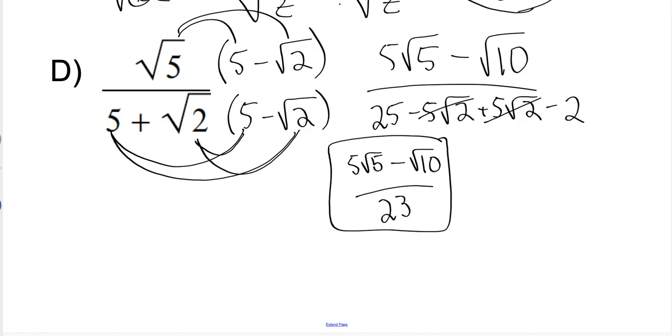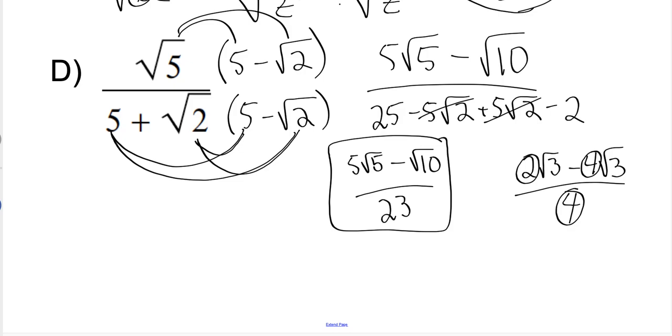An example where you could simplify, let's say I had something like this. 4 root 3 over 4. Let's say I ended up with something like this, hypothetically with a different question. You'd have to look at all your coefficients and integers or whole numbers to see what you can simplify.